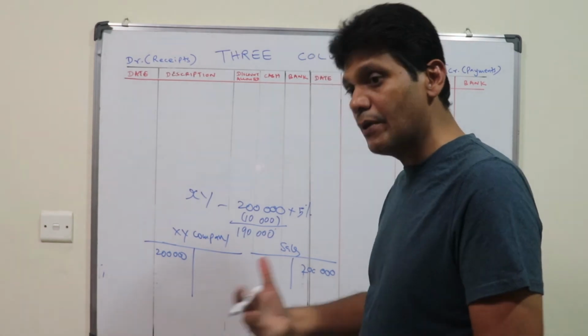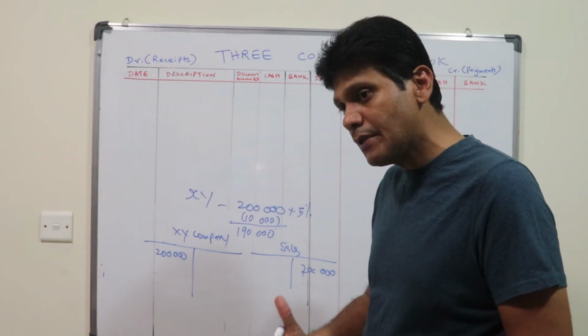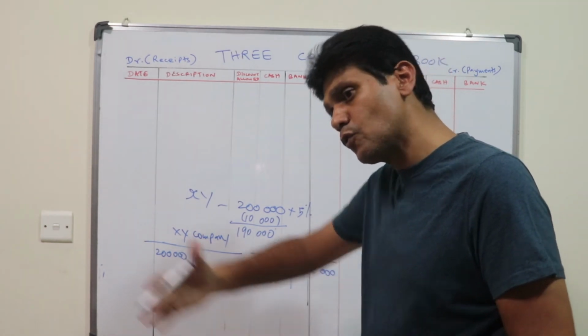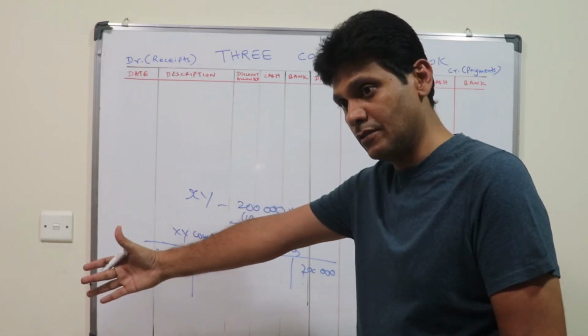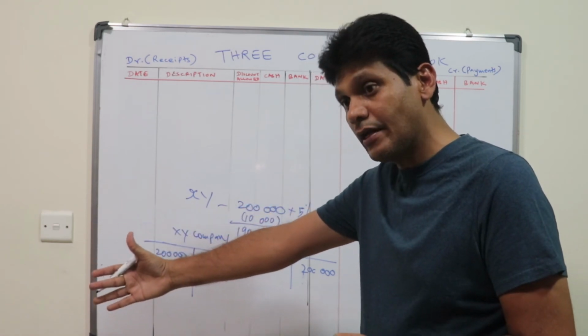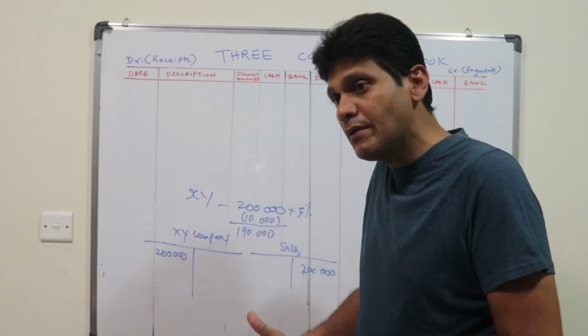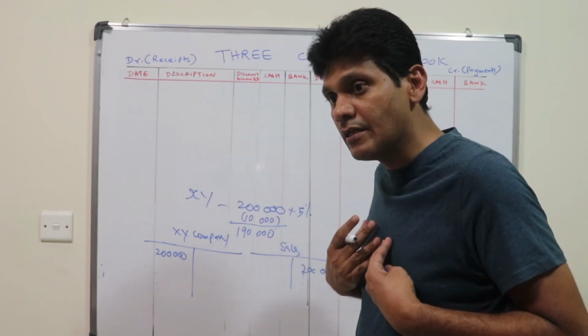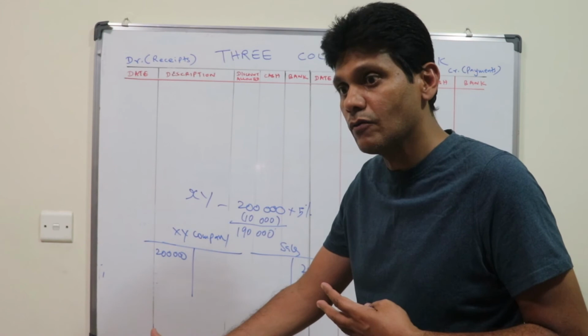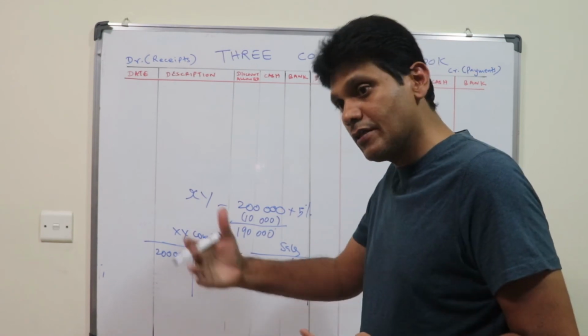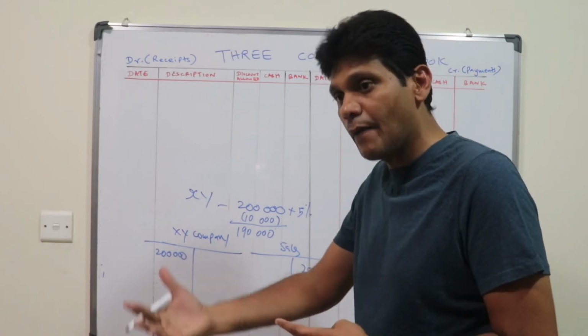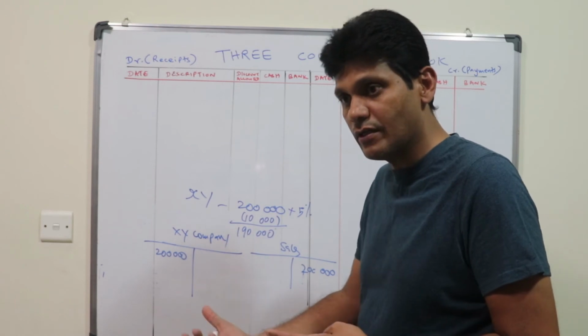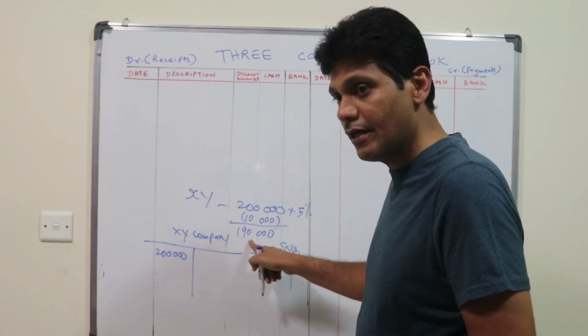From the company's point of view, rather than leaving the 200,000 with the customer for 1 month, you can tell the customer, you pay me within 15 days. I need money, so I can offer you a discount. Even the customer will be more than happy with the offer, because he has to pay only 190,000.